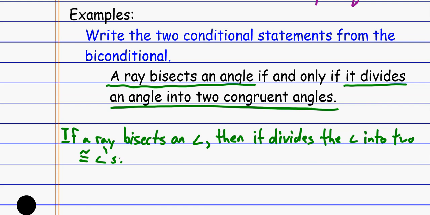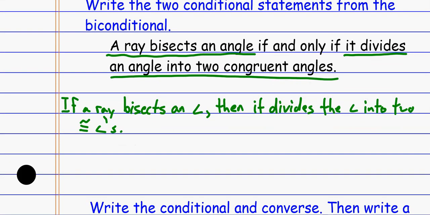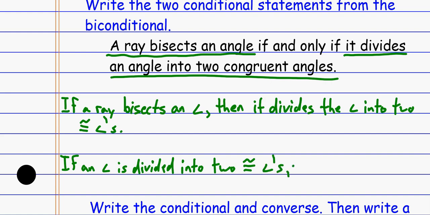But the "if and only if" signifies that we also have the converse, which means I can write this flipped around. So if an angle is divided into two congruent angles, again abbreviating, then the ray bisects the angle.